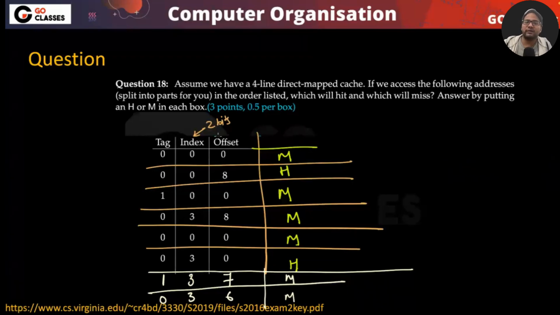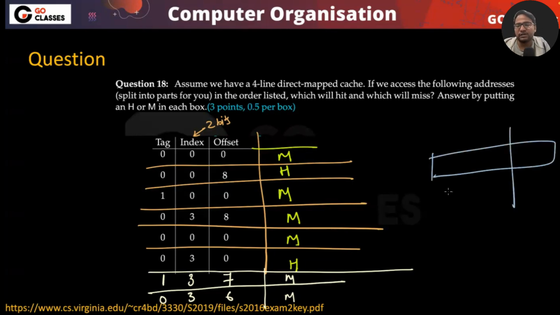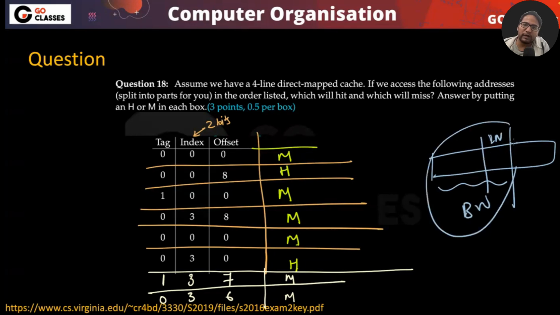You are playing with the block number and the line number, where the offset doesn't have anything to play. Your hit and miss are determined by this block number and this line number. Offset doesn't have anything to play here.